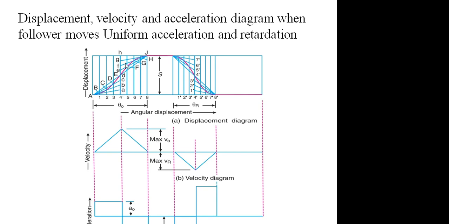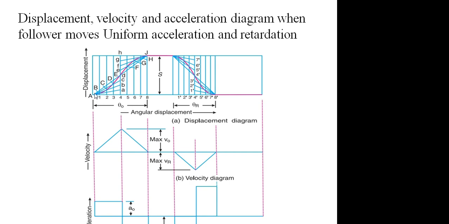The number of parts on the middle vertical line is denoted in the outstroke by A, B, C, D, E, F, G, H. So join capital A to small a, capital A to small b, capital A to small c, capital A to D, and here it is by J. Likewise, small e is joined to capital J, F is joined to small j, and the small g point is joined to capital J.